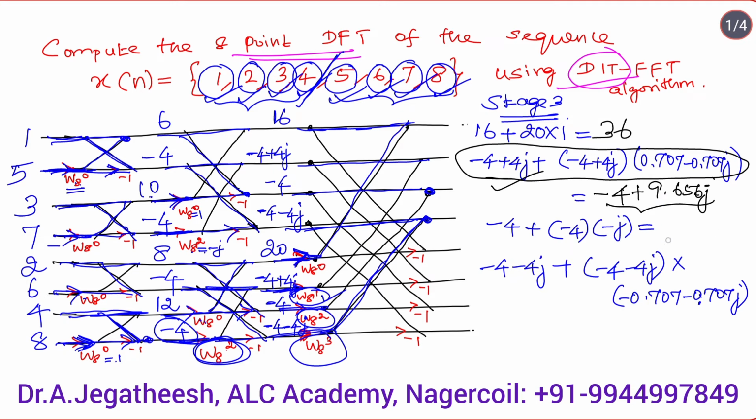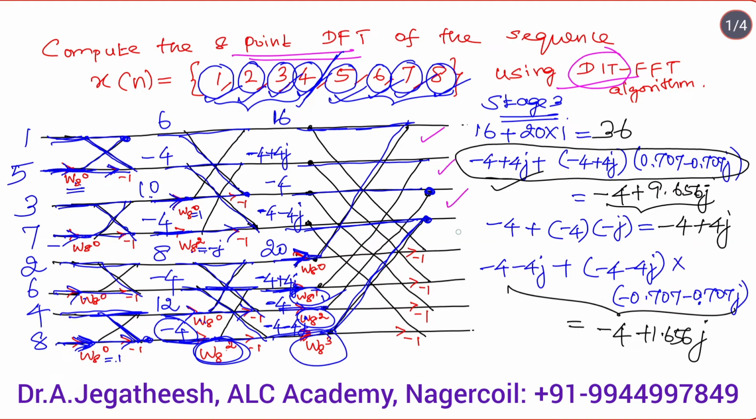Next term minus 4 plus 4j. Next term, if you type exactly the same, you will get minus 4 plus 1.656j. Here we found only 4 values, 1, 2, 3, 4. The other values can be obtained by replacing this plus with the minus sign.